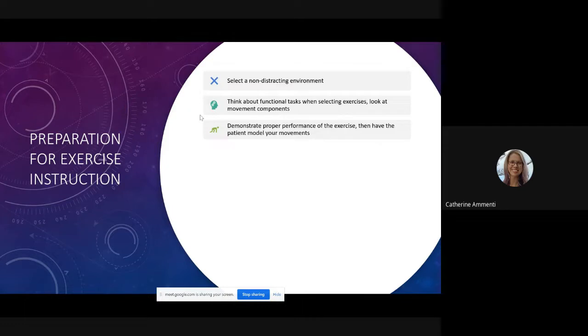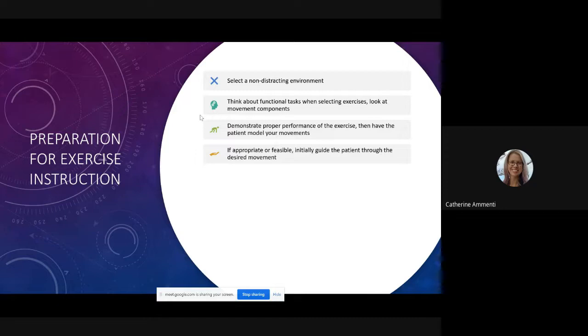Demonstrate the proper performance of the exercise. This is why in our lab we're going to be practicing these exercises. Demonstrate what that exercise should look like, and then have the patient model your movements. If it's appropriate or feasible, you can initially guide the patient through the desired movement. So say they're doing a quadruped activity where they lift a leg up.